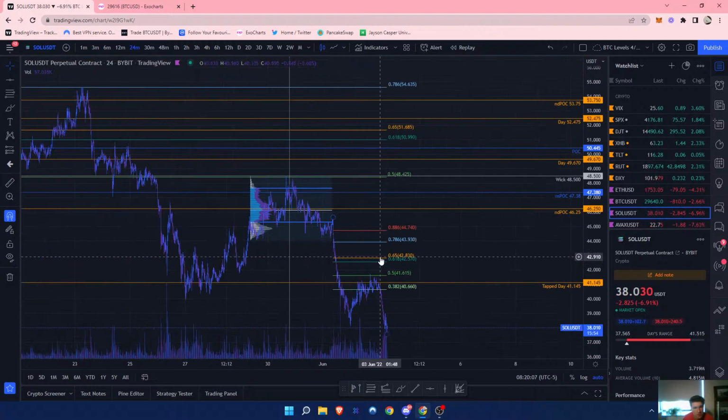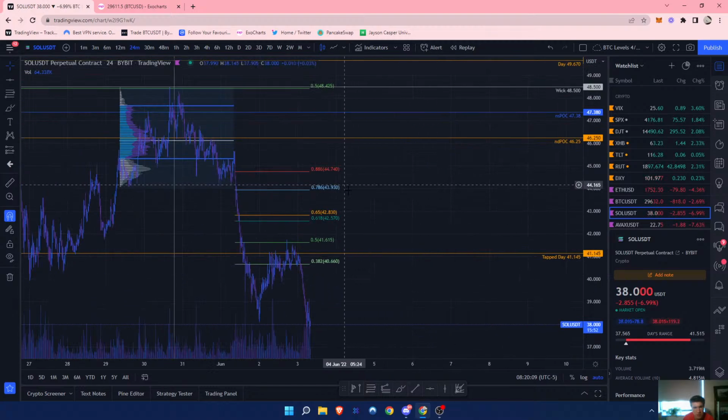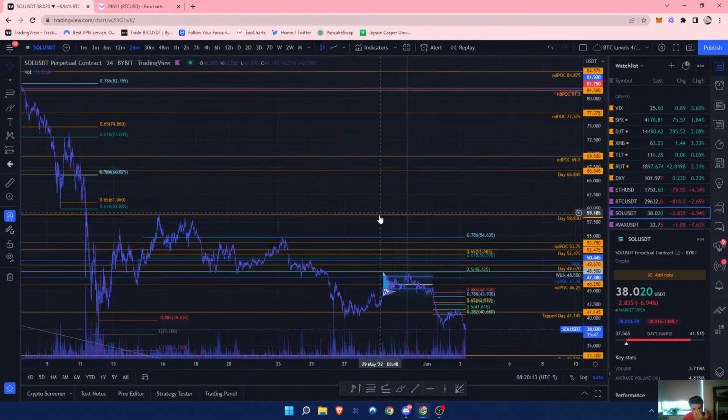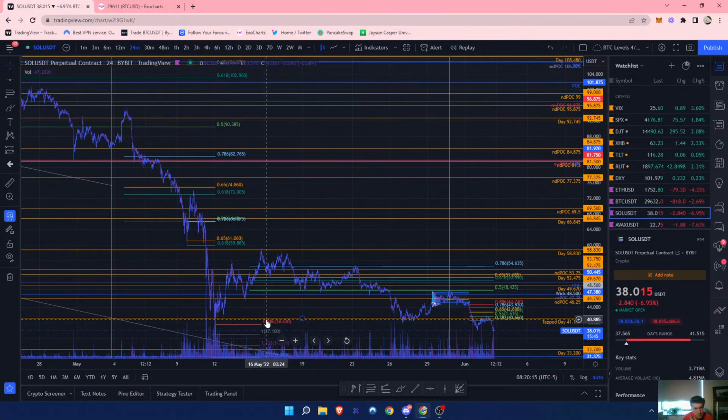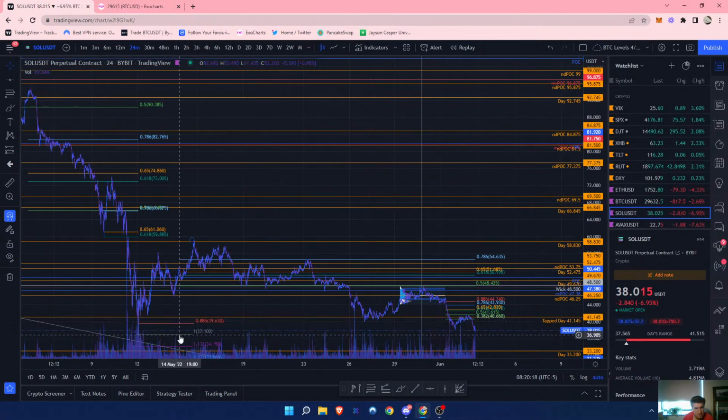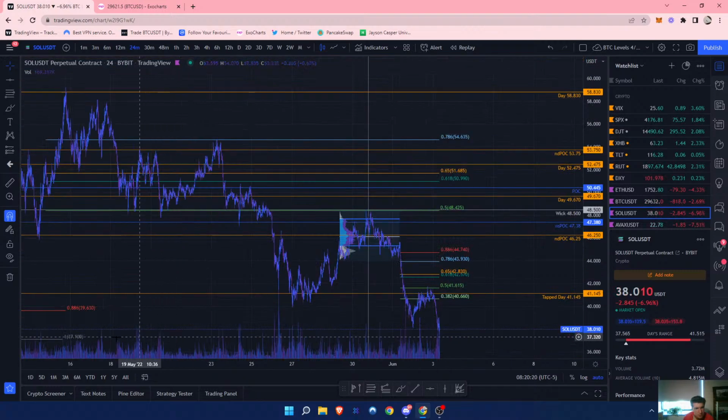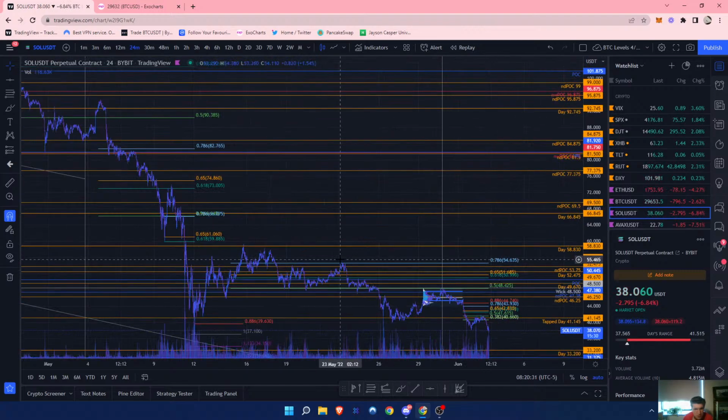So just doing my basic TA. Here are the resistances we are looking for. Again, very interesting to see the 1-to-1 being somewhat well respected. So the 1-to-1, we got a support level at $37.